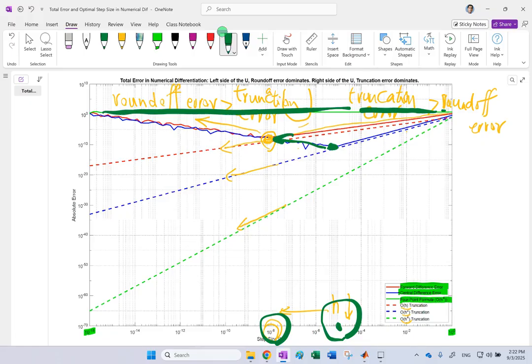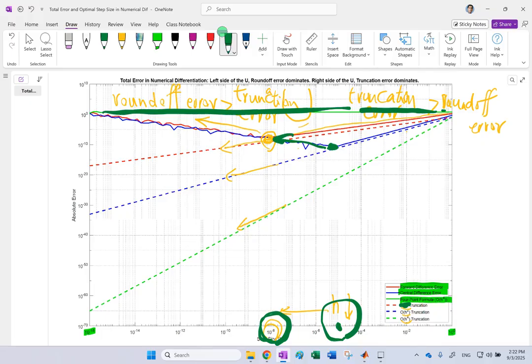You don't even need to go further down in h to get these two to be of equal magnitudes. They can start literally close to each other to begin with. But the rougher method, the method with lower accuracy that you use, you see that it takes quite a bit of small h for the error to start going up.